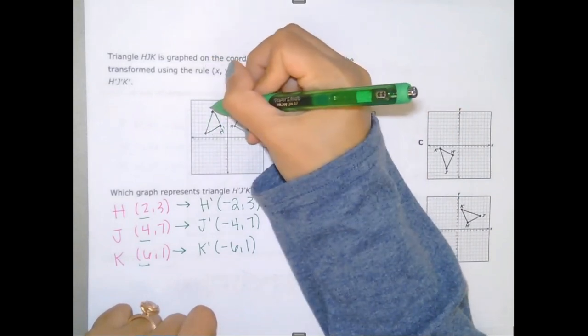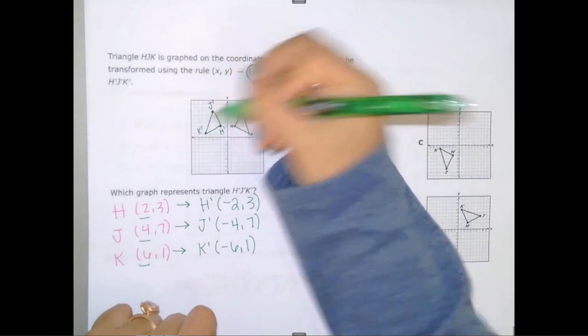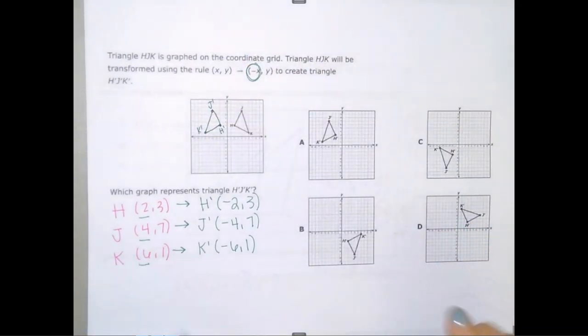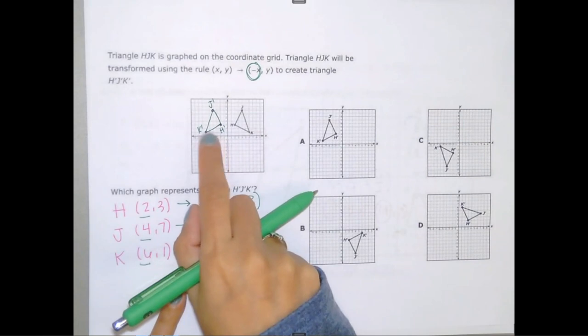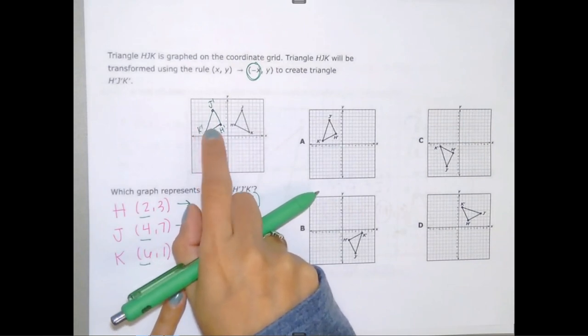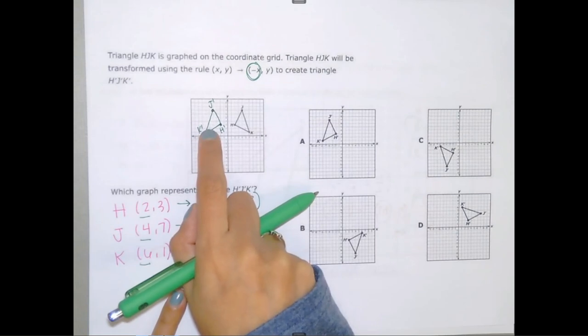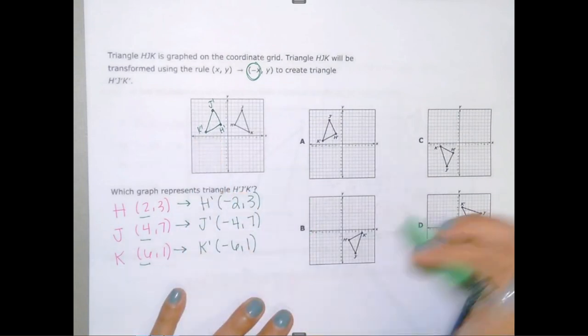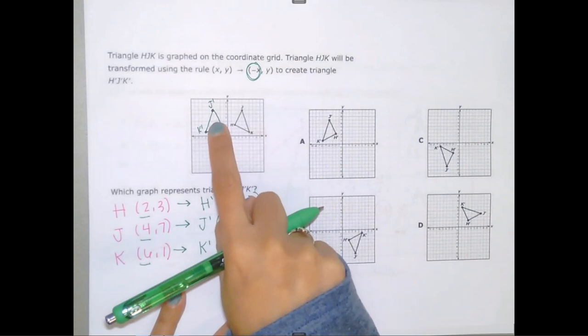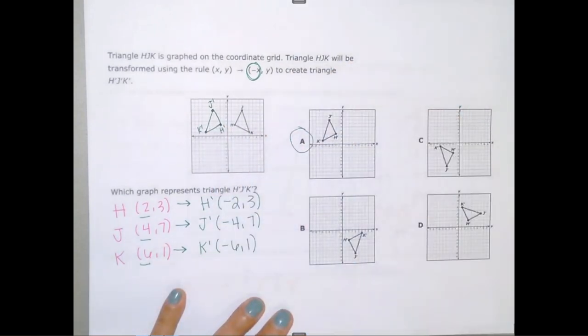H prime, J prime, K prime. So I'm looking for the answer choice that puts my prime, my new figure, in the top left quadrant, quadrant number 3. So A and my answer would match up there.